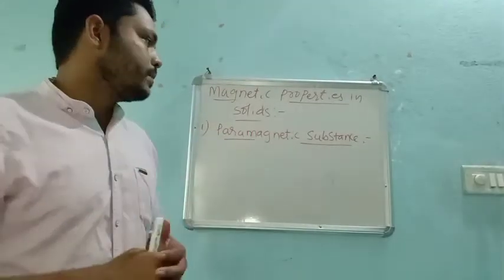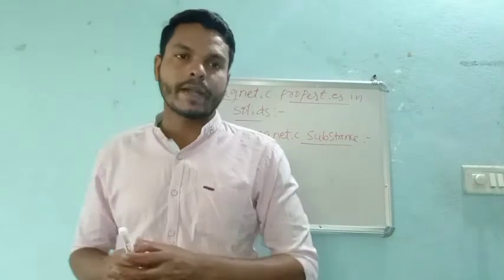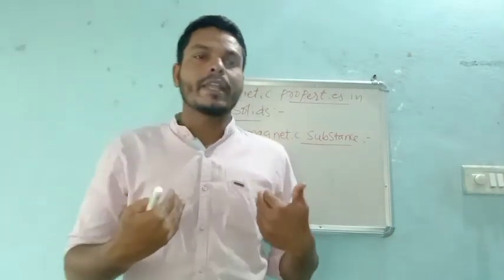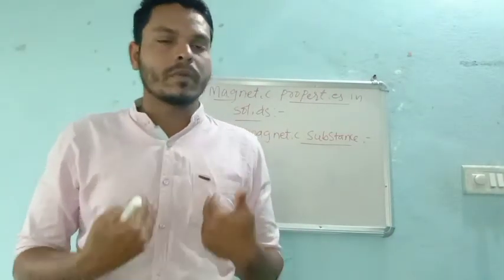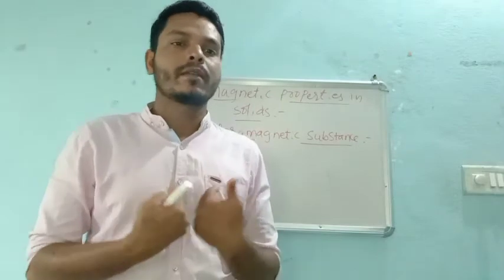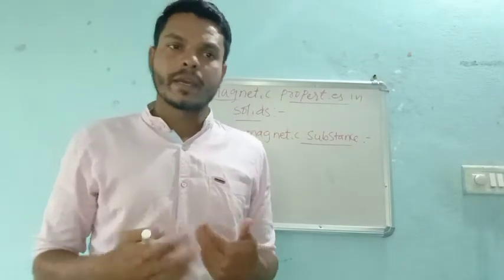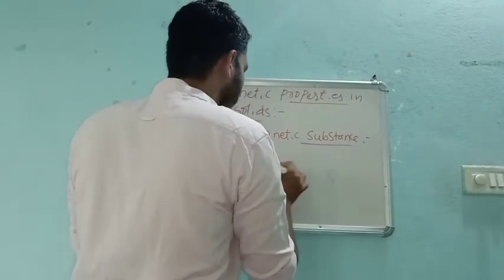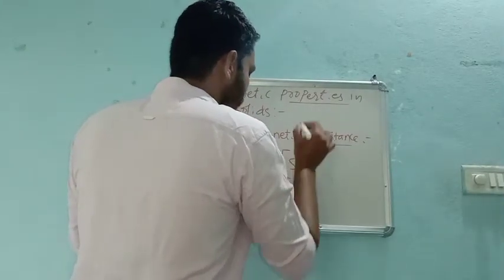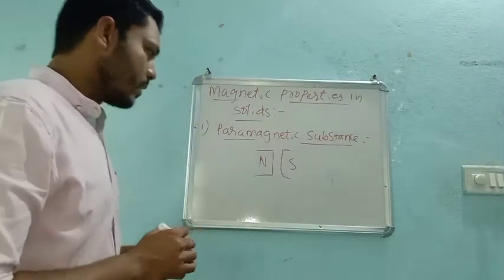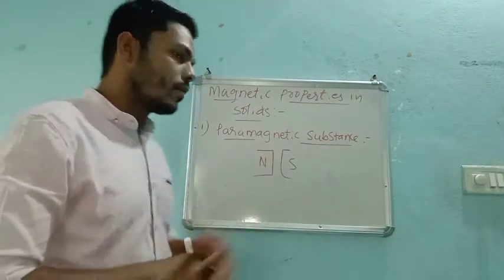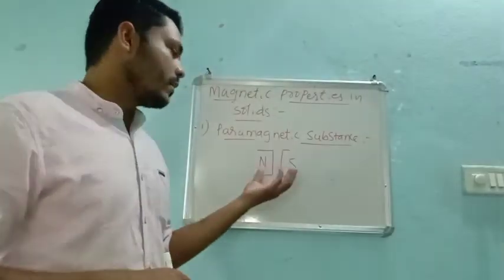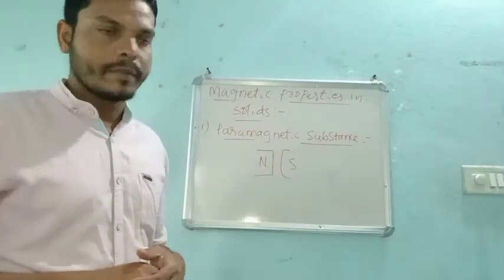So we know in physics, we can observe the magnetic property by taking a magnetic field, so there will be a south pole and a north pole, right? You are very well aware of this.